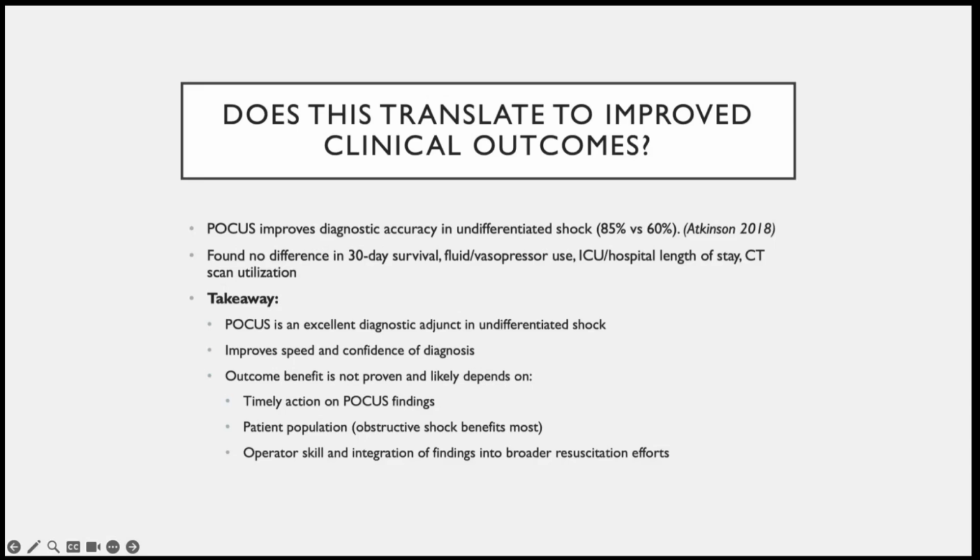However, they did not find a difference in 30-day survival, fluid or vasopressor use, ICU or hospital length of stay, or CT scan utilization. So what we can take away from this study is that ultrasound is an excellent diagnostic adjunct in our undifferentiated shock patients, and it can improve our speed and confidence of diagnosis.